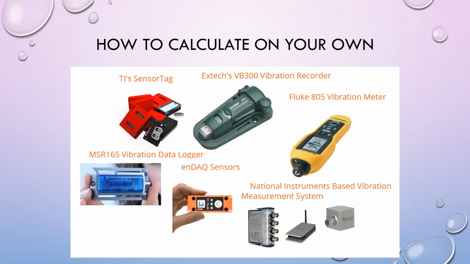So for this purpose, we need different sensors. We have different types with different brands, as you can see here, some of them. These are some of the most important sensors, all of them wireless and portable. I mean, you can attach them to your structure, collect the data, and then use the data for your analysis.